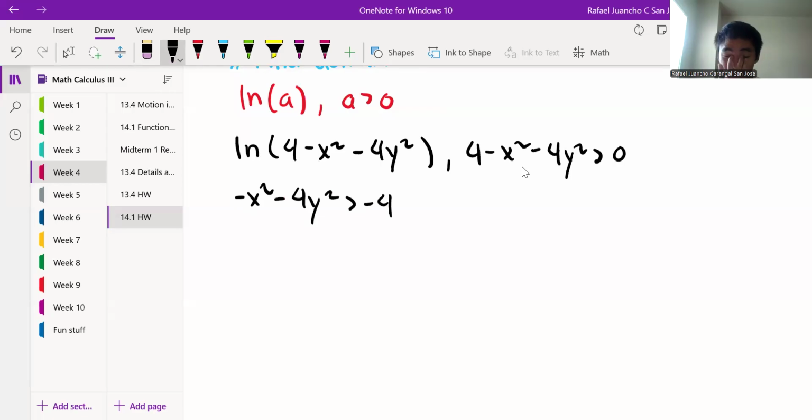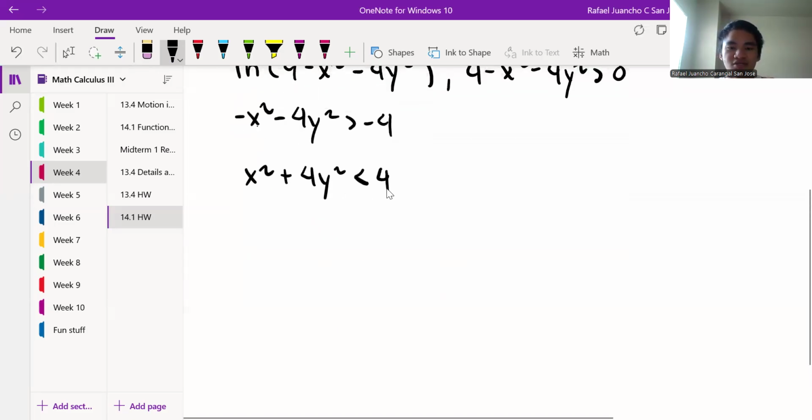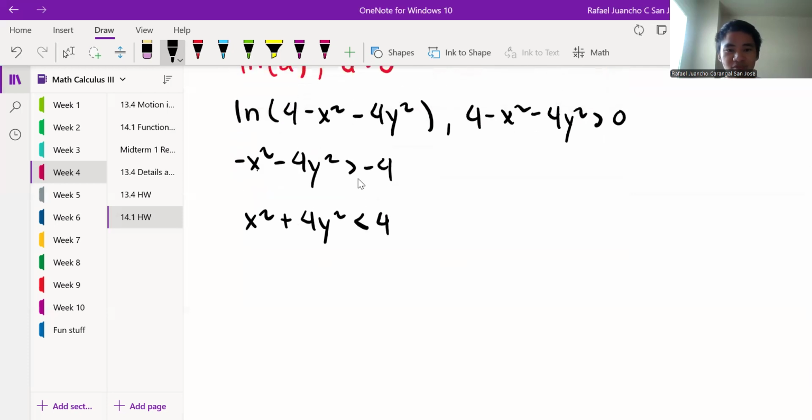So here I'm just solving the inequality. I divide everything by -1, basically, so I get rid of my negative, but that changes my sign. And there we go. There's actually an ellipse. So this is some ellipse.